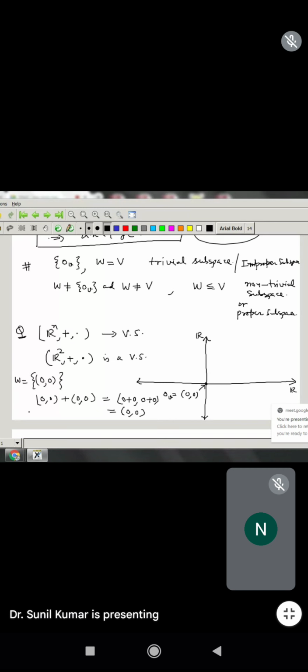And if we take any scalar alpha into (0, 0), what we get? Alpha dot 0v equal to 0v. So we get (0, 0).